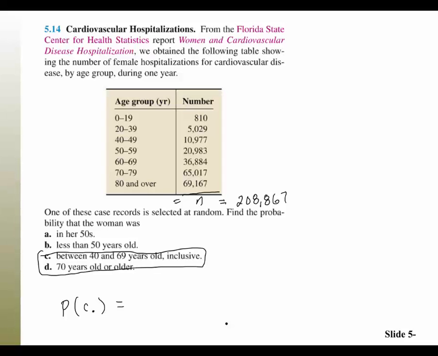What would you do? Desmond? He wants to add these three together and divide by the total. Is that what you're doing? Yeah, so you need to count how many satisfy this event. We're going to have to add up those three categories and then divide by the total. And then what about 70 years or older?